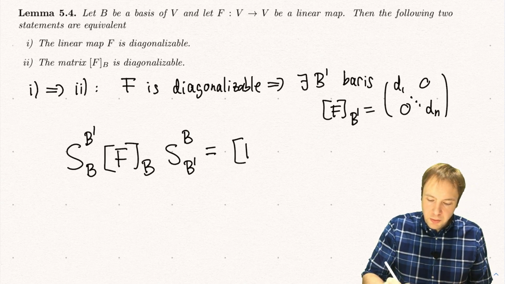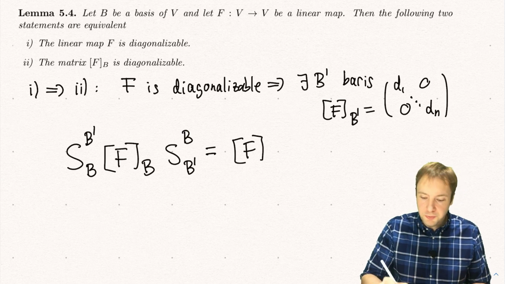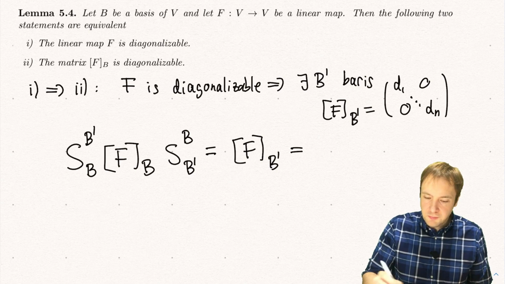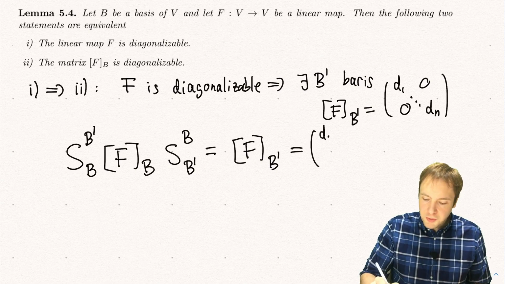Then we learned that this is the matrix of F with respect to the basis B prime, and therefore this is just given by this diagonal matrix here.